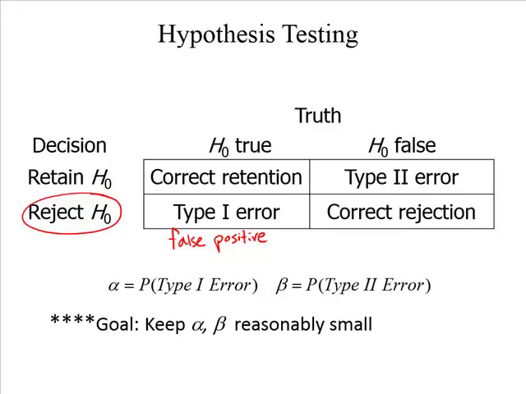The other type of error that you could have we call type 2 error. This is a false negative. So Joey pees on the stick. No, I'm kidding, right? I think we exhausted that one.